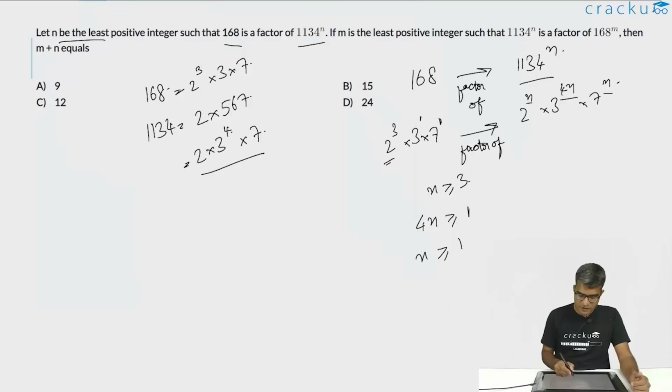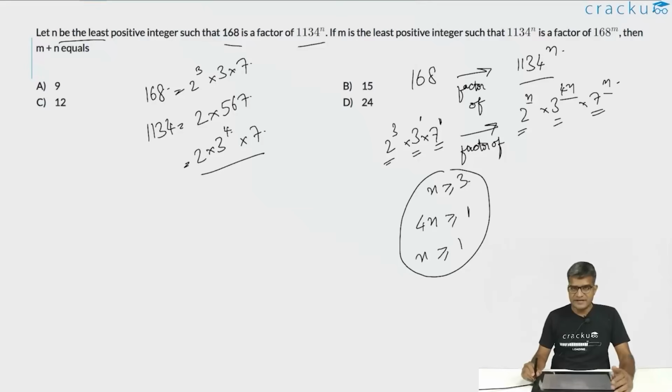That is, the power of the factor has to be less than or equal to the power in the multiple. 2 cube has to be less than or equal to 2 to the power n, 3 to the power 1 has to be less than or equal to 3 to the power 4n, and 7 to the power 1 has to be less than or equal to 7 to the power n. All three will be satisfied essentially if n is greater than or equal to 3. And because n is the smallest integer for which this is satisfied, the value of n is equal to 3.